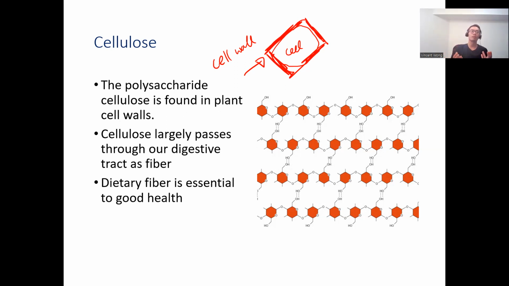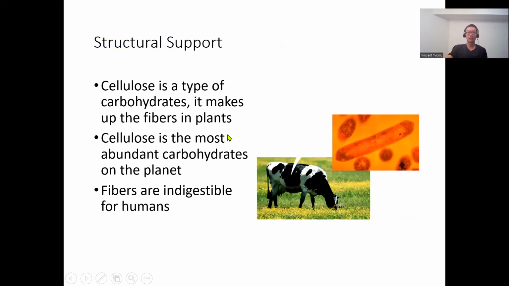If you don't eat a lot of fiber and you want to change that, you have to slowly increase it. You can't just go all out with a full fiber meal the next day, because a sudden drastic increase in fiber will clog your digestive tract. It will cause bloating and a lot of gas, so you have to increase it slowly. But dietary fiber is important for good health.